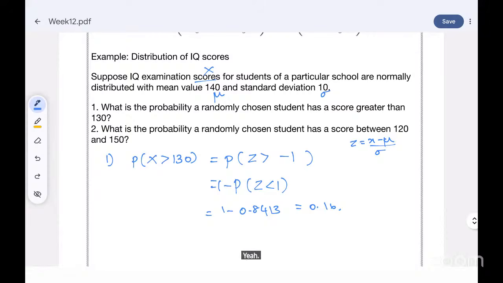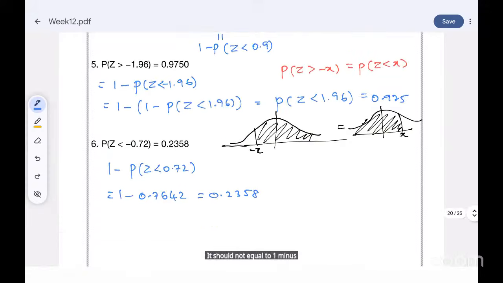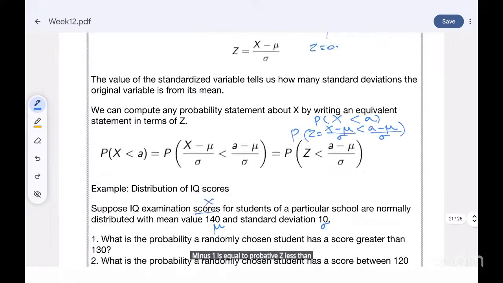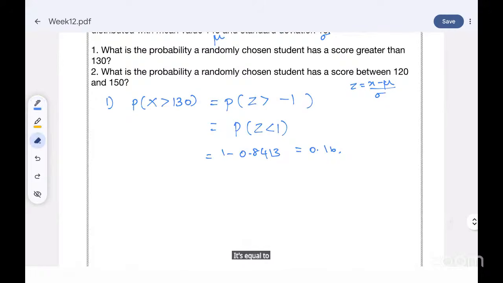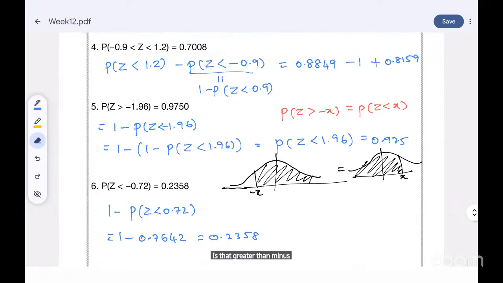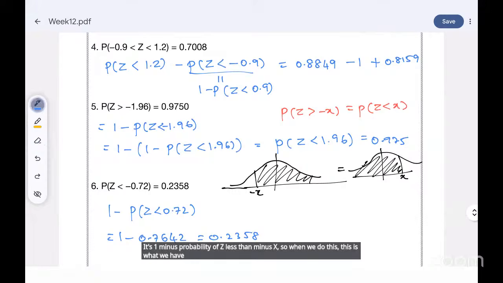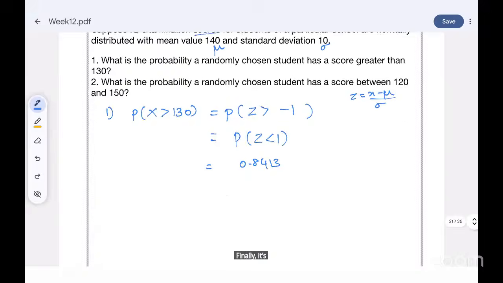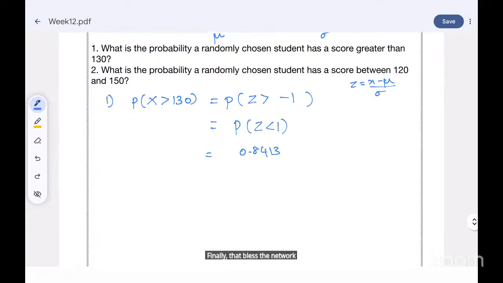It should not equal 1 minus. Yes, it is equal, right? The probability of Z greater than minus 1 is the probability of Z less than 1. So it should be 0.8413.